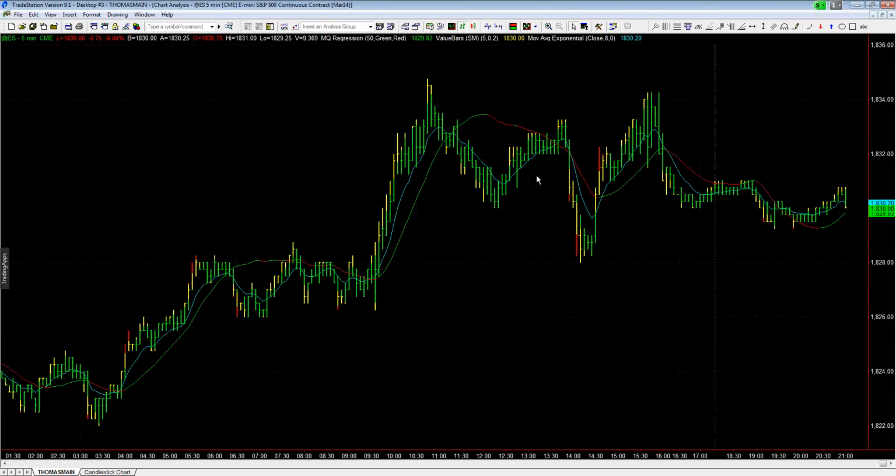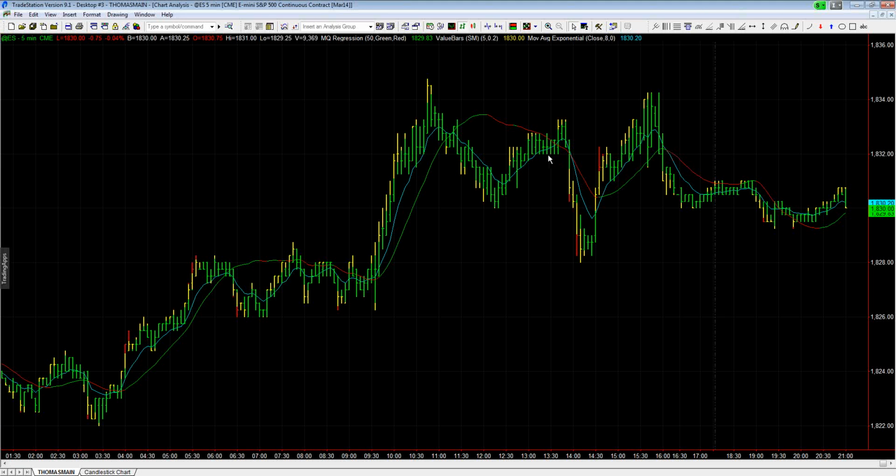Here's the S&P. You can see here you had a nice sideways moving support level that was developed. When broken, you can see you hit it 1, 2, 3, 4, 5, 6, 7, 8 bars in a row right at 1832. When it broke that, it really dropped. So you could have been trading the break of that support level.